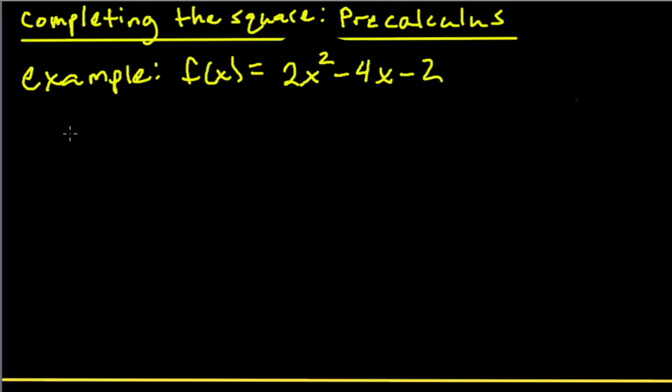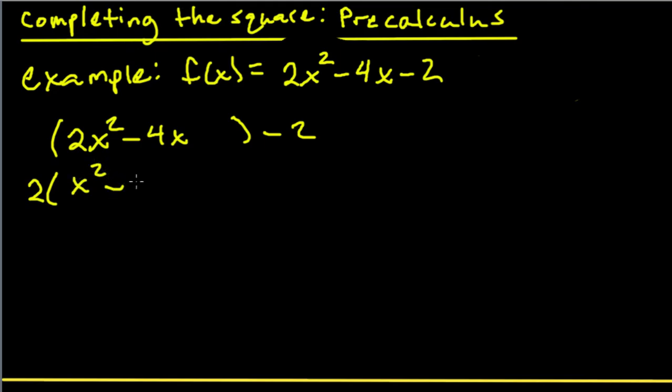Everything with an x, we isolate in parentheses, leaving a little bit of space, and we leave the term without the x on the outside. Now this one's a little different. Since we don't have a coefficient of 1, we have to do a little bit of manipulation. So let's just factor out a 2.